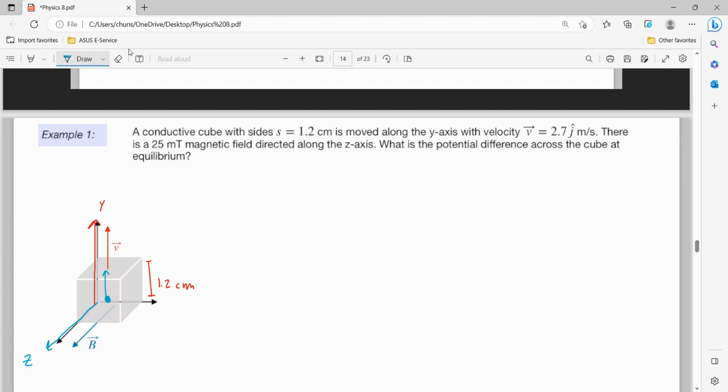If we had our velocity pointing up and we are curving our fingers towards the magnetic field, and since we are dealing with current, we know that the movement of charges are electrons. So we're going to use our left-hand rule because we are working with negative charges to find our force. Then our hand would look like this, with our force pointing this way.